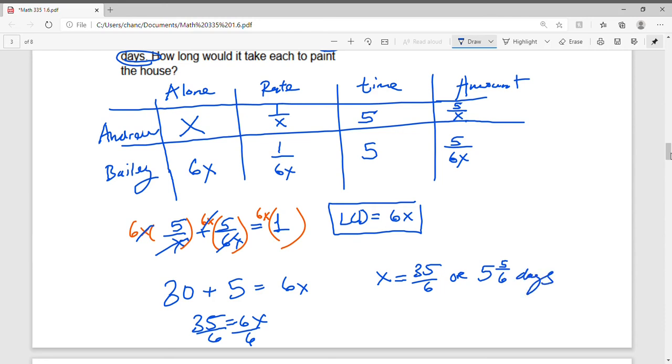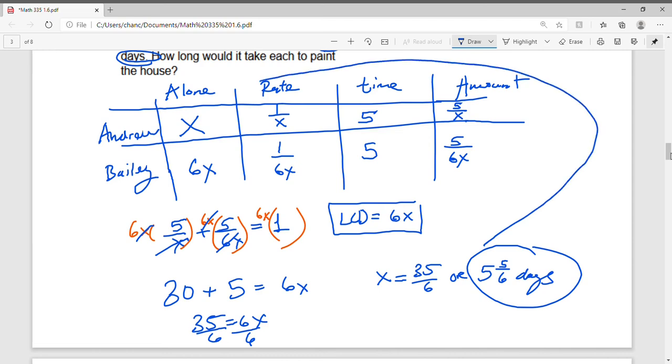So this is the amount of days it would take Andrew to do the job alone. Because Andrew is x, we know it's going to take him 5 and 5 over 6 days. Now for Bailey, we would have to multiply this number by 6 to figure out how long this individual will take.